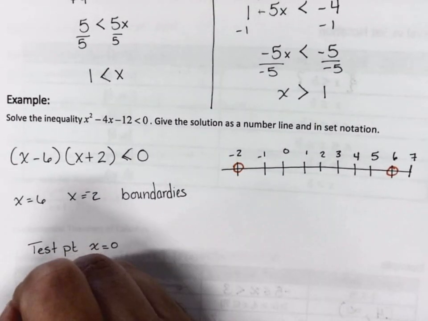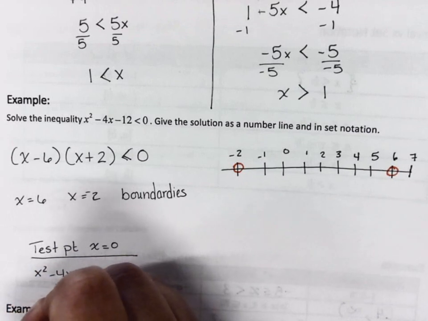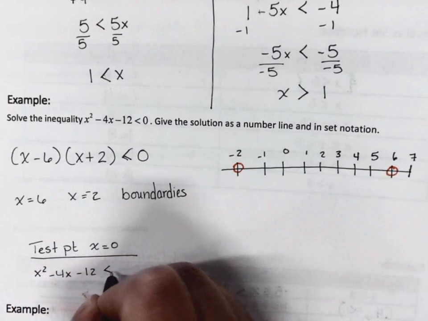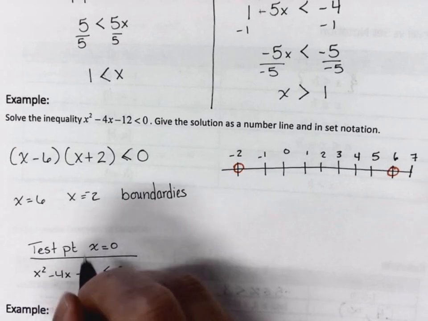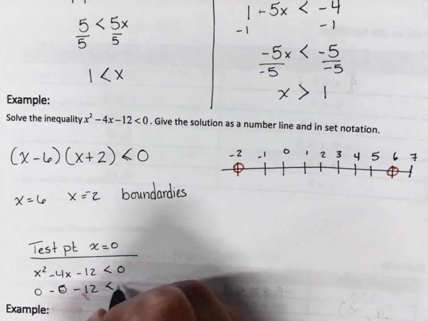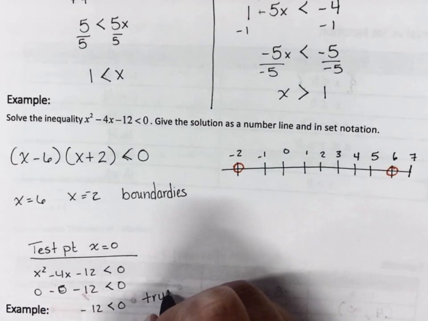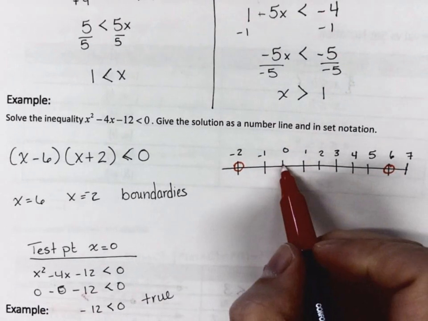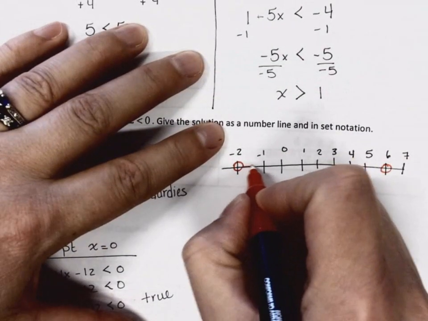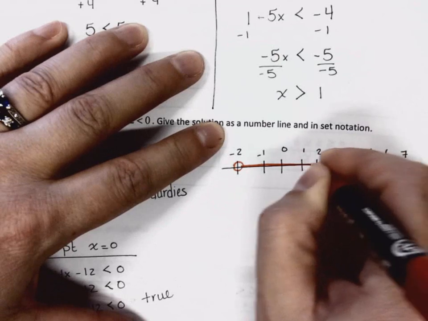So if I substitute that into the original inequality, x squared minus 4x minus 12 is less than 0, we're going to have 0 minus 12 is less than 0. So -12 is less than 0. That is true. And 0 falls in between the points. So we're going to connect these. These are going to be the true statement.